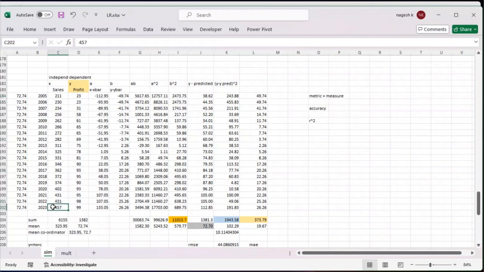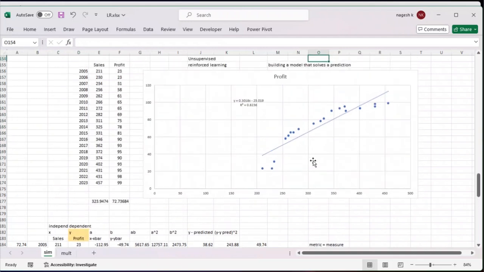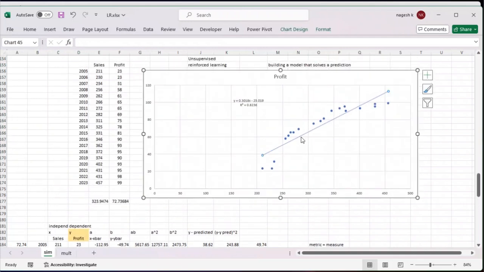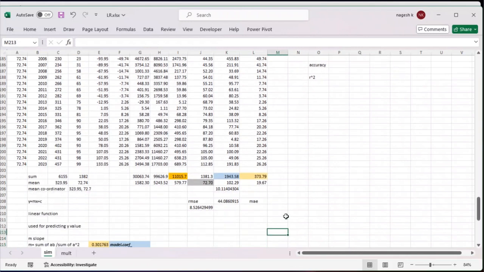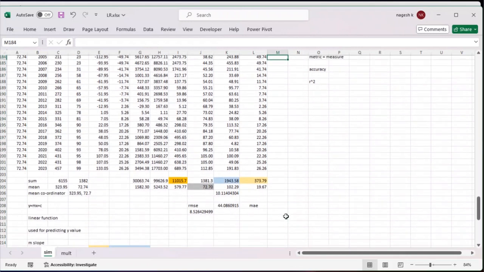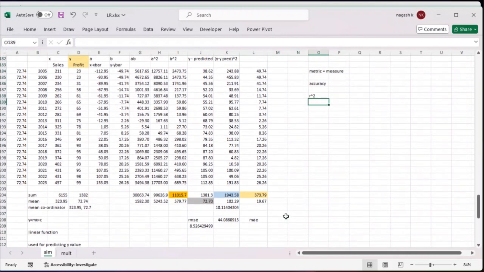So we have two variables here. If you observe the relationship in this chart, it is linear. I think everyone knows mx plus c, the linear equation: y equals mx plus c.